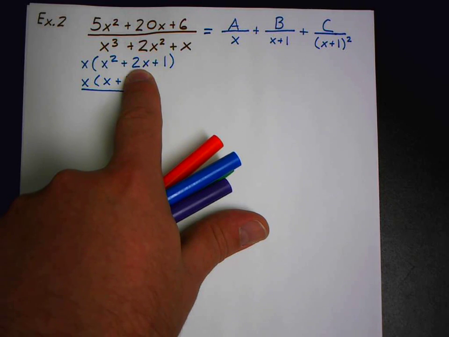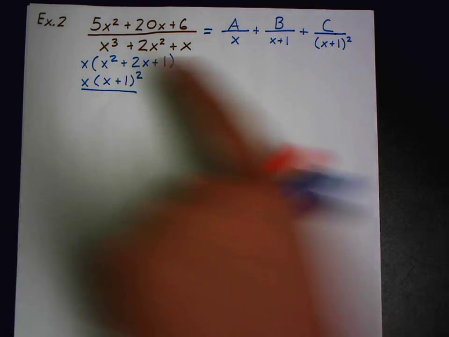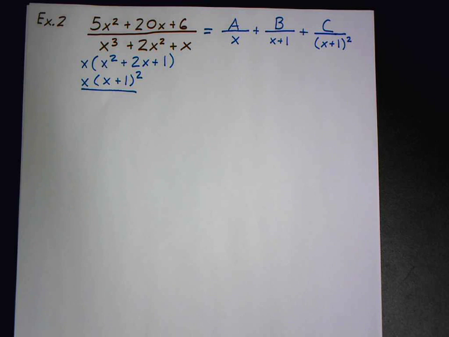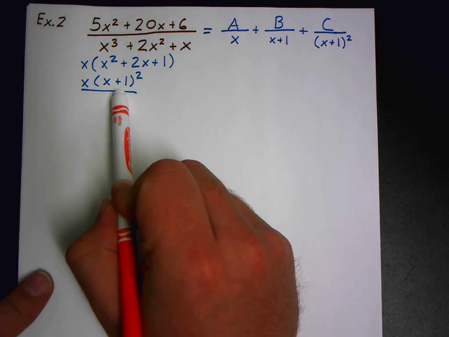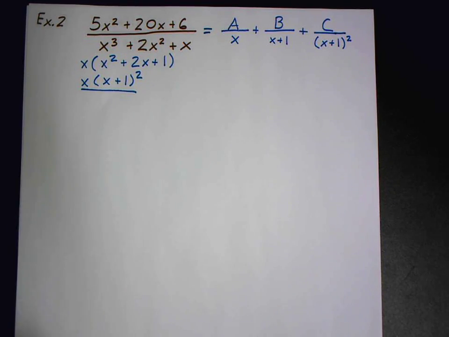Whenever I factor that, I get x plus 1 twice. So I have 3 factors, but this one happens twice, so I need to write it as a square. What about that square though? Like you did on B.